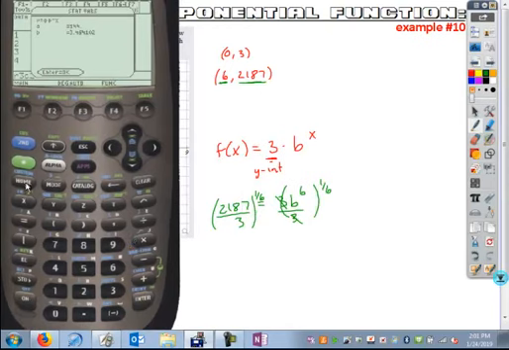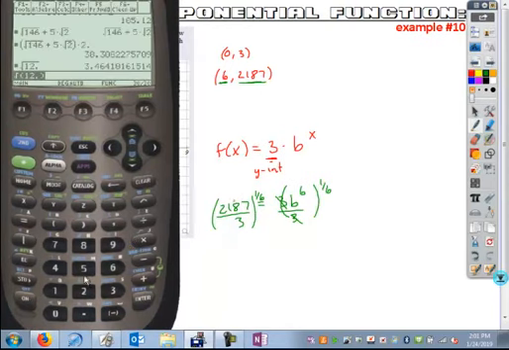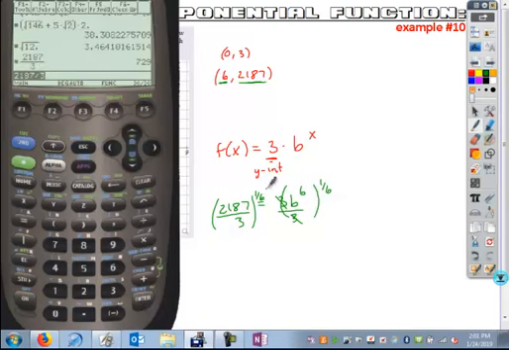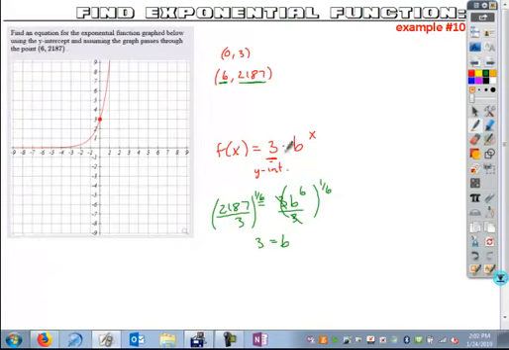So when I do my calculation by hand here, I'm going to get 2187 divided by 3. That gives me 729. I'm going to take that to the power of 1/6. Close that off, and I get 3. So my base also happens to be 3.